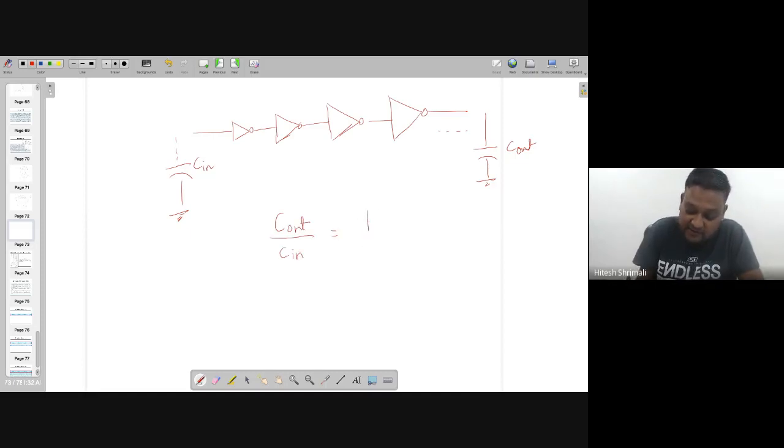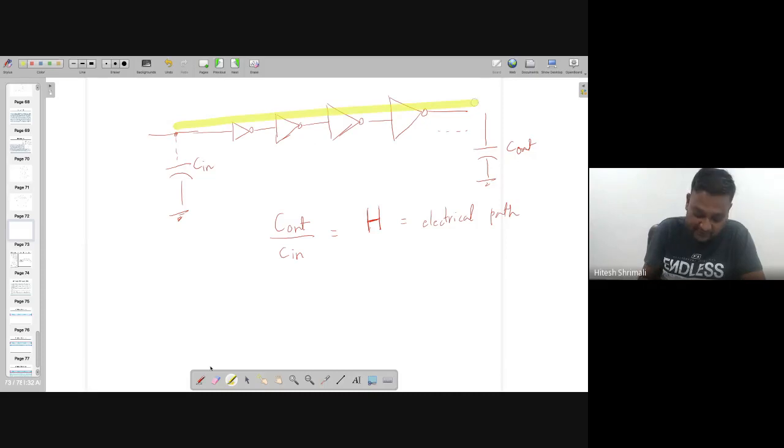Let's call that one H, which is the electrical effort. Notably, I'm keeping this H in capital, which signifies that I'm interested in the path delay rather than just one stage delay. If it is one stage delay, then it's a small h. Now, each one of the inverters is going to have the logical effort of 1.